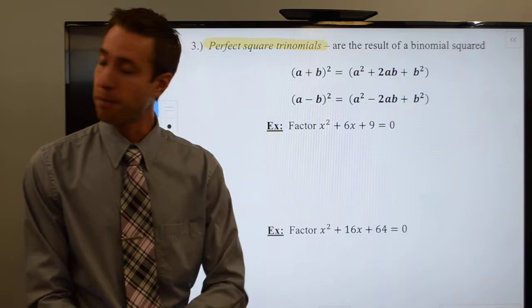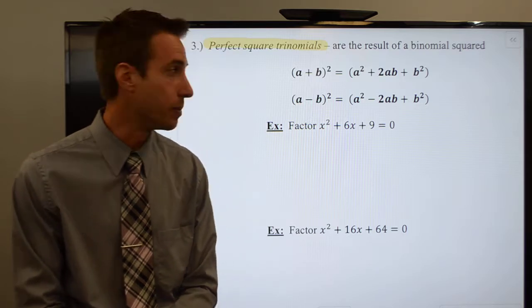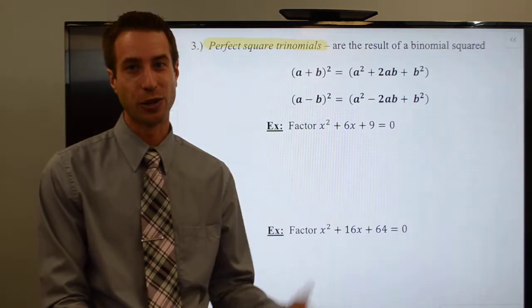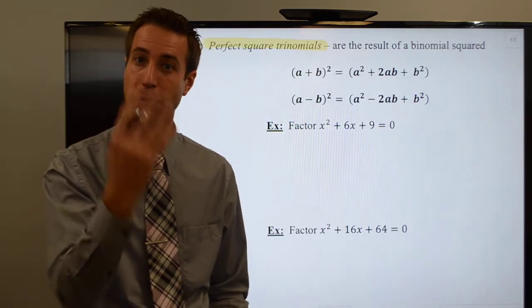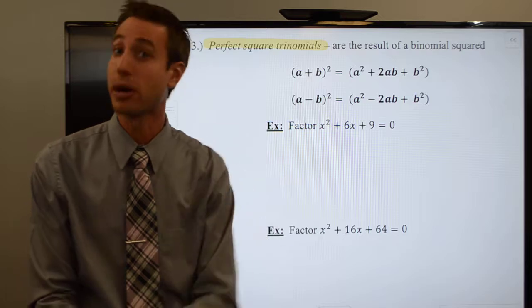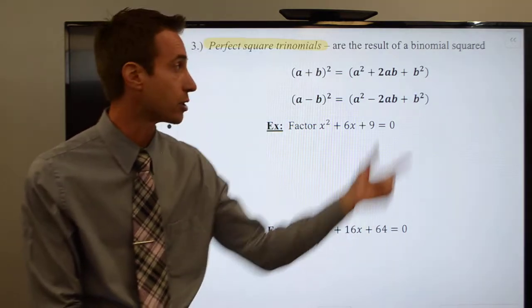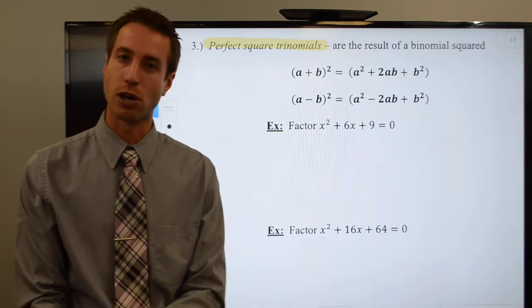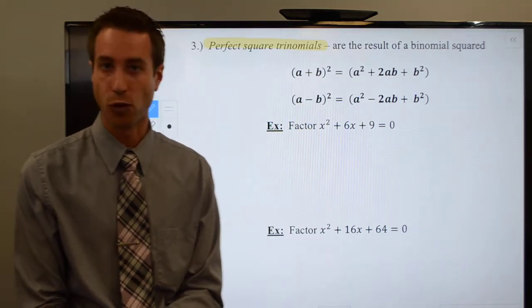It will not be a perfect square trinomial if you have a plus sign first and then a minus sign. You'll actually be forced to go to option number 4 in that case, but we'll worry about that a little bit later. So these are your two options, plus sign, plus sign, or minus sign, plus sign. That's how you'll determine which one is the correct formula to use.